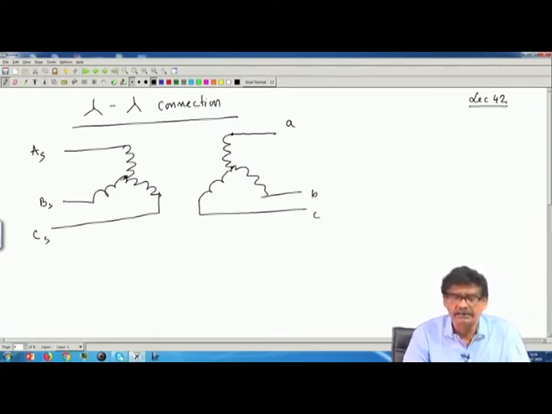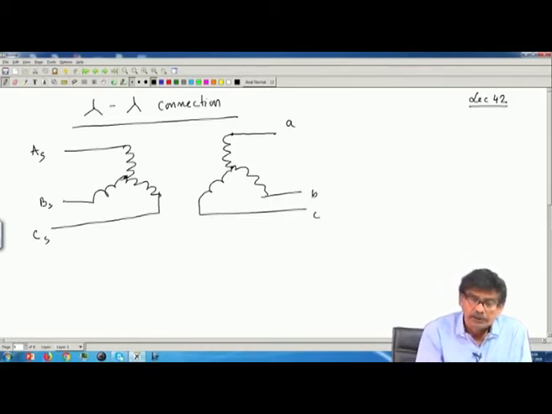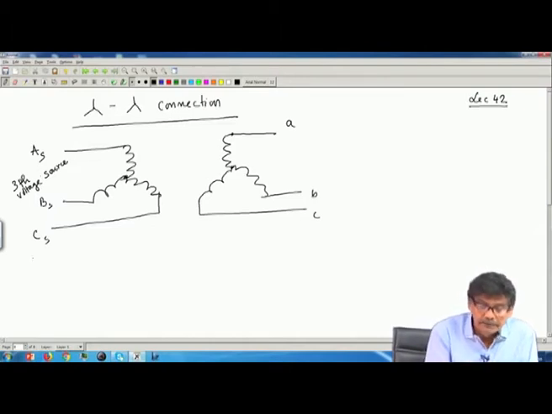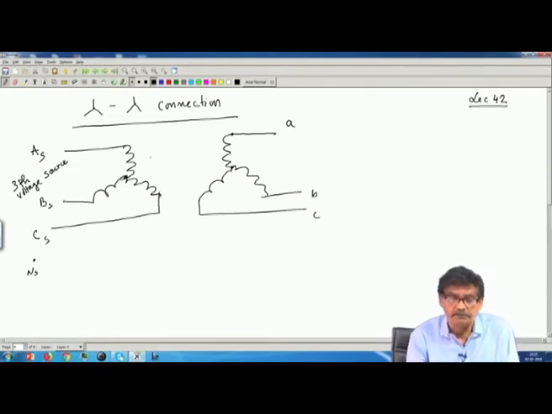The neutral point of neither of them is grounded, nothing is done. What I have done is apply a 3-phase balanced voltage source here. The supply may have a neutral, but that has not been connected anywhere, only the 3 lines I have connected.